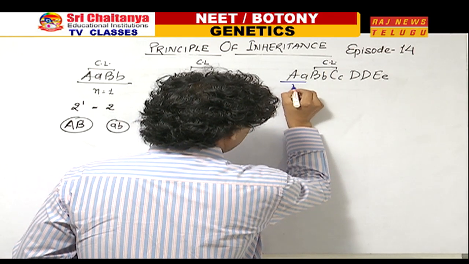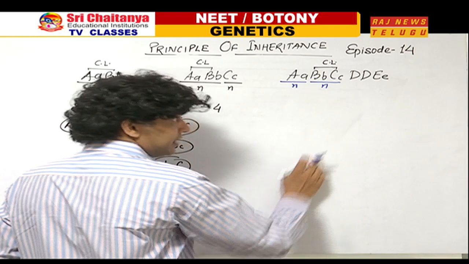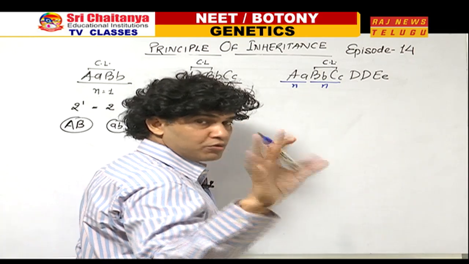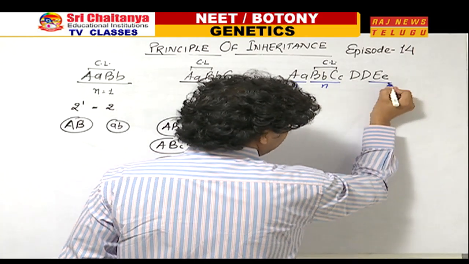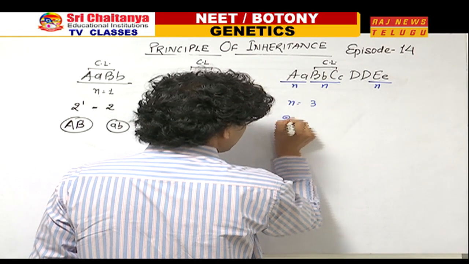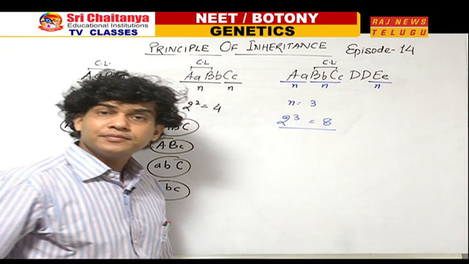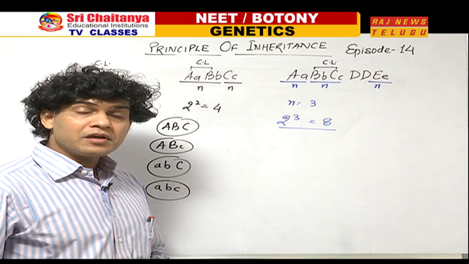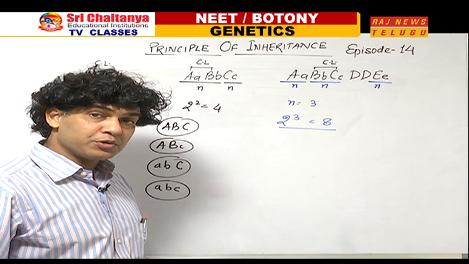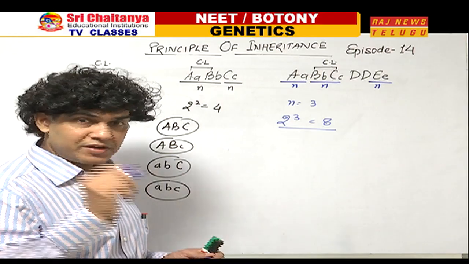A represents one N, B and C are completely linked, so they represent another N. D is a homozygote, so it is not a heterozygote, and E is another N, meaning the value of N is 3, so 2 to the power 3 means 8 types of gametes would be produced by this plant. So how many types of gametes any plant will produce in case of complete linkage, now you can easily calculate. This is one type of question.